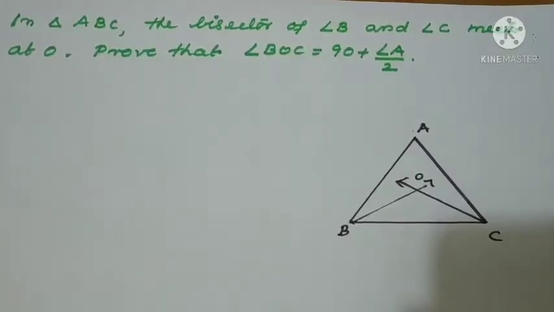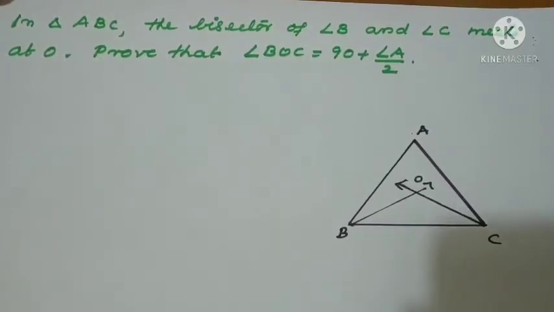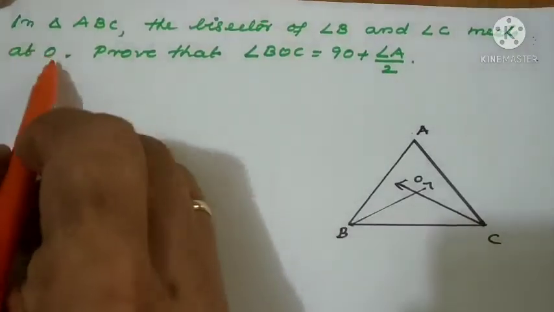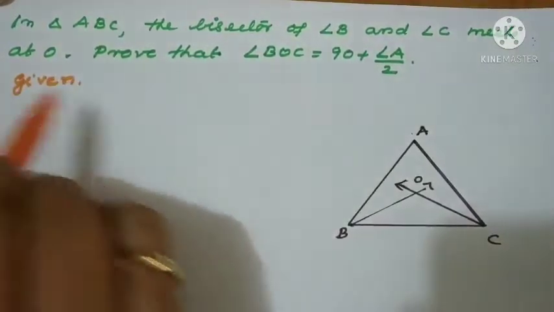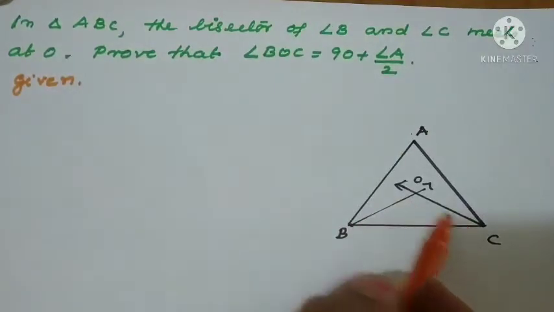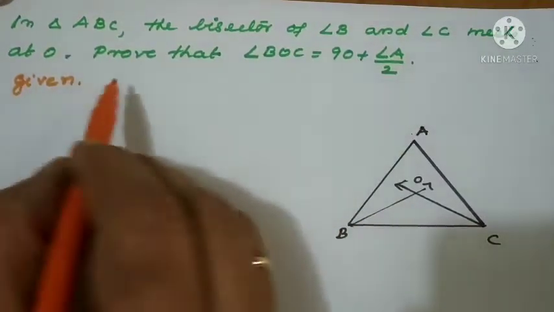In triangle ABC, the bisectors of angle B and C meet at O. Prove that angle BOC equal to 90 plus half angle A. So how will we write it? What is given here: in triangle ABC, angle B and angle C bisectors. Which are the bisectors?